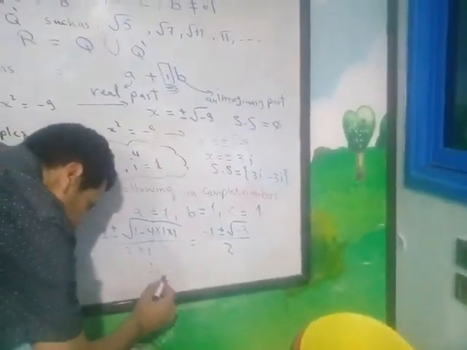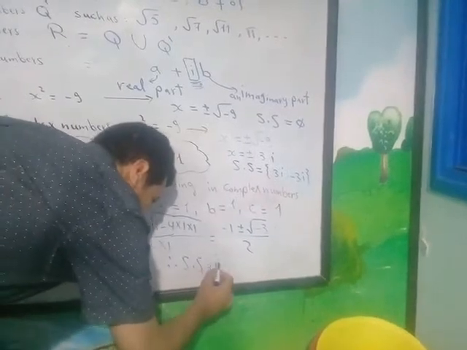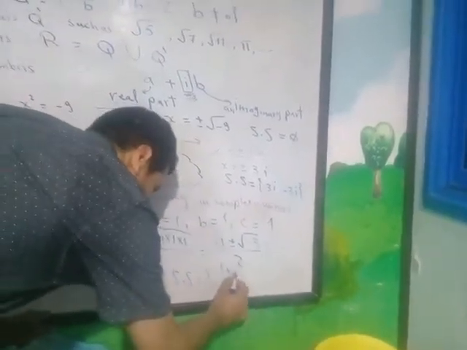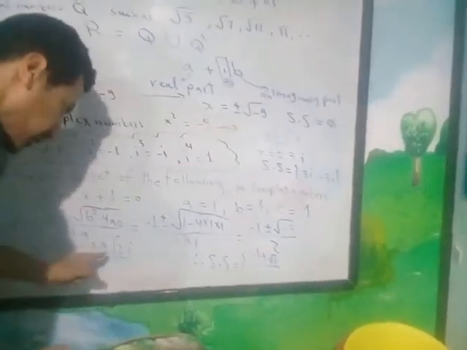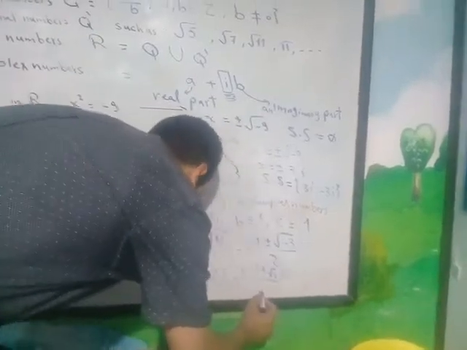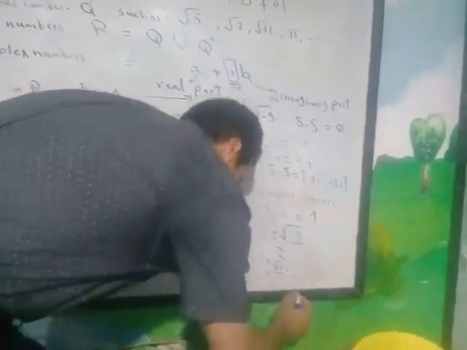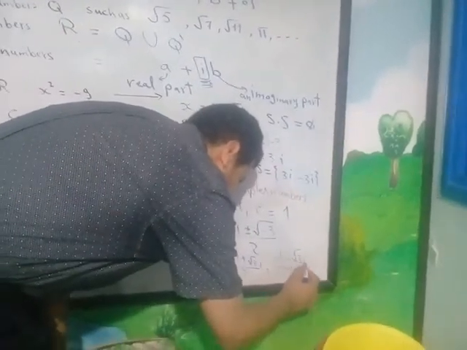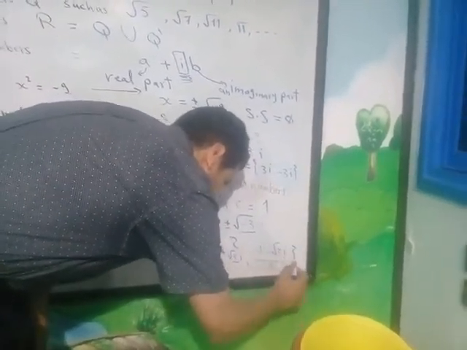So the solution set equals negative 1 plus square root 3 i over 2 and negative 1 negative square root 3 i over 2.